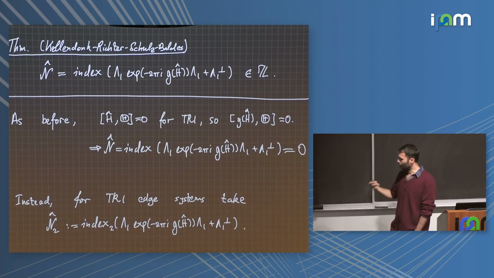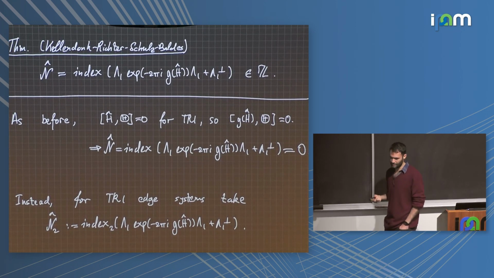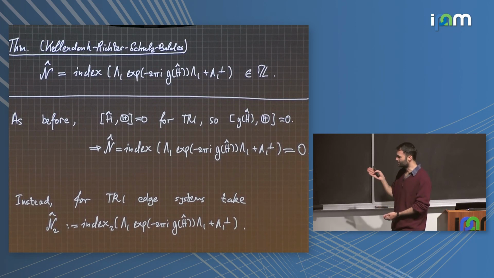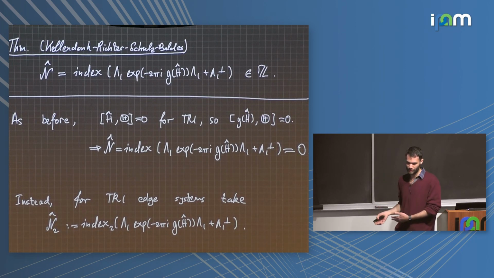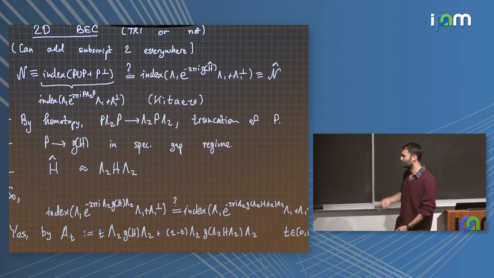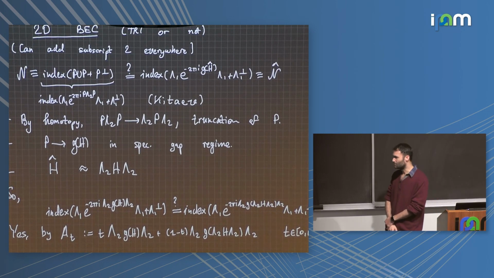And again, when you work out the equations, it turns out that it reduces to the question whether to flatten the Hamiltonian or truncate it commute on the index. And in this two-dimensional case, whether you have or don't have time reversal invariance, the answer is yes. And so you find the bulk edge correspondence also in these two cases, which are somewhat more challenging than the one-dimensional case. Thank you.